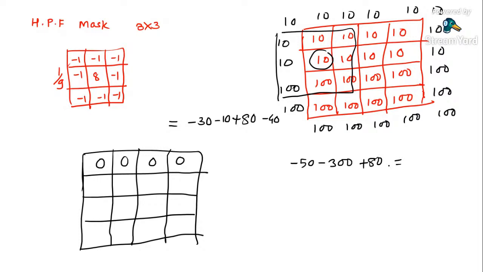So the answer is -270. But there is no value that can be negative, because grayscale is never negative. So this is equal to 0. So you can have this row also 0. Now next, we will move towards the next one.